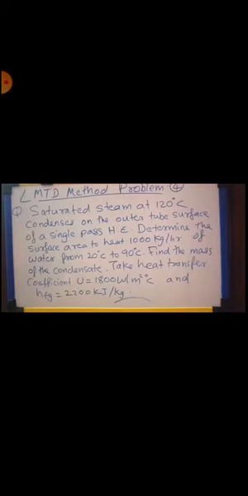Take heat transfer coefficient U equal to 1800 watt per meter square degree centigrade, and hfg equal to 2200 kilojoule per kilogram. Okay, this is the question. Once again, I am dictating the question.